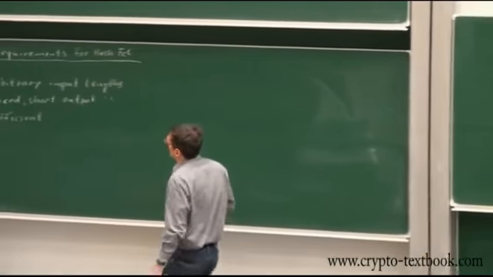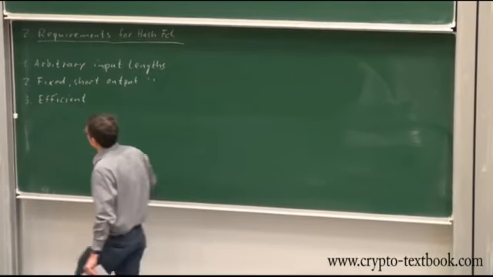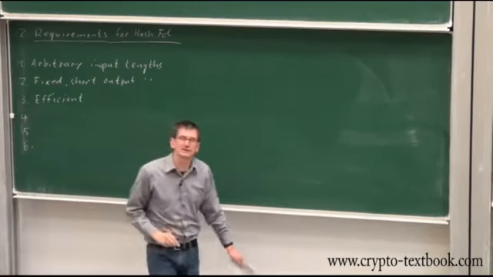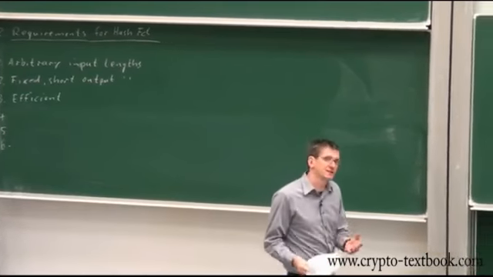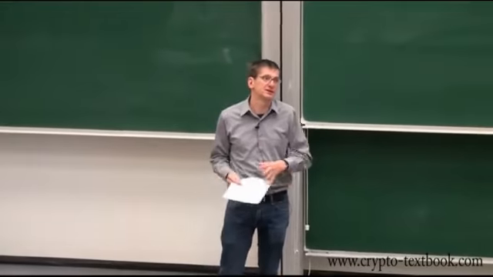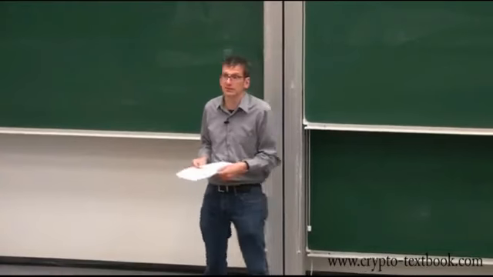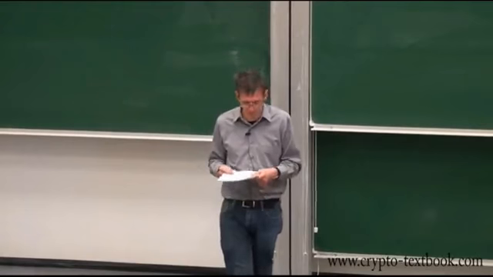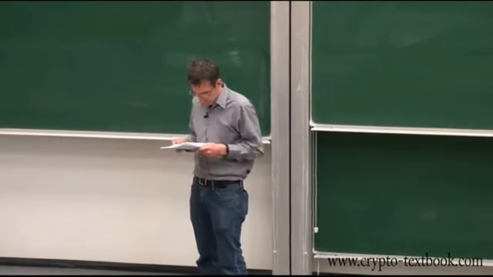What you will see now, there are two more requirements, and they have to do with the security, and this is really the fun part of the lecture. This is really, really interesting. What's coming now, we probably talk much more about attacks than we normally do when we discuss crypto algorithms.